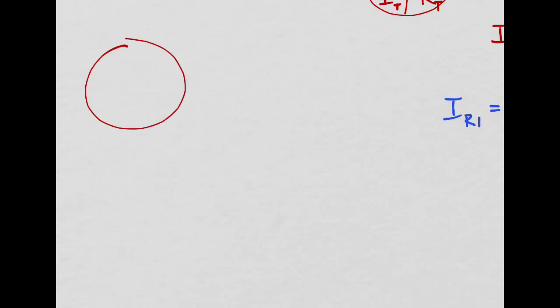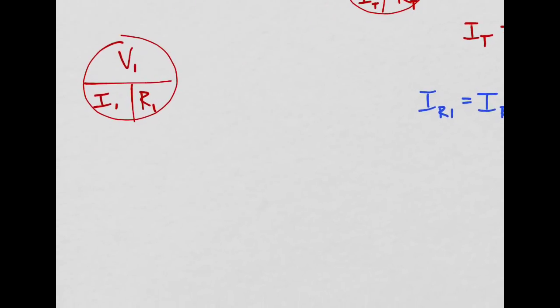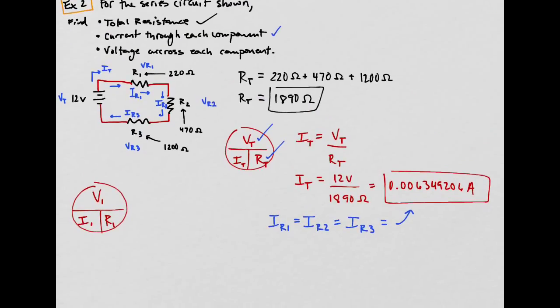So, circle. Let's say the voltage drop across resistor 1 is going to be equal to the current through resistor 1 times the resistance. The voltage drop is the current times the resistance, all of that for the single resistor. What are we solving for? Voltage, right?